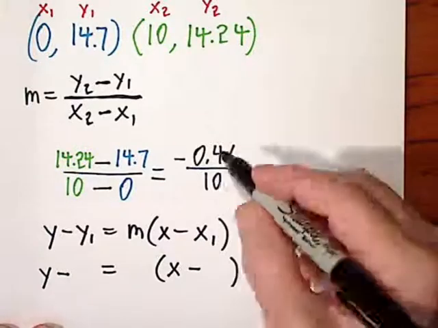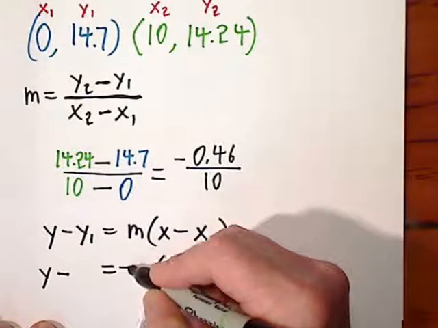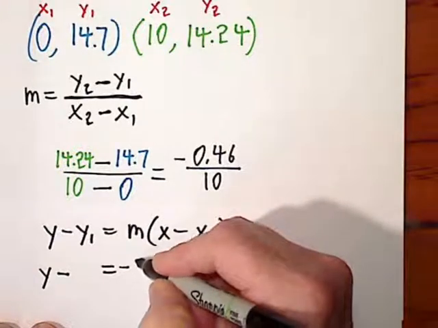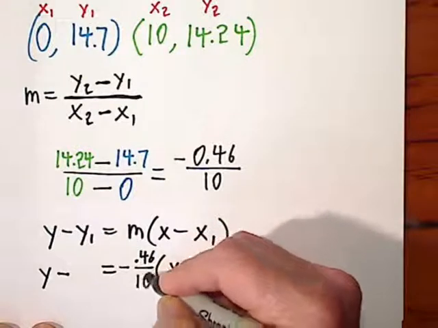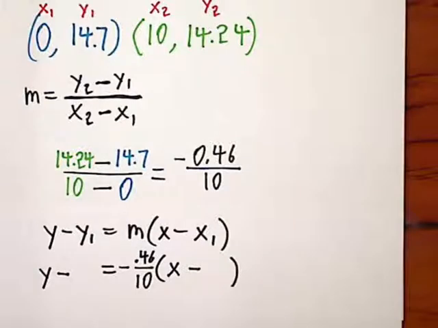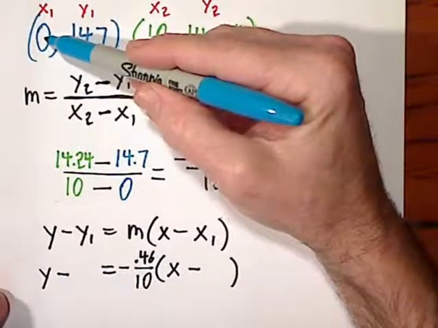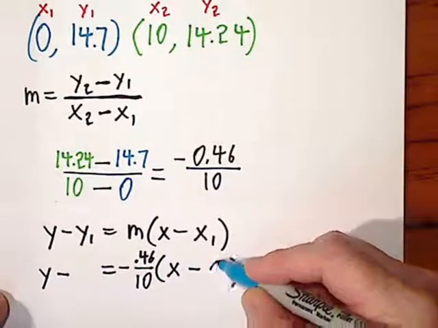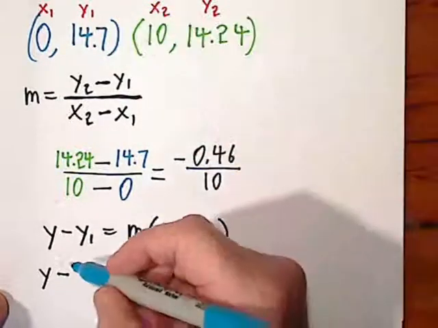I'll leave m in this form, though sometimes it's worthwhile to change that around. So we've got a negative 0.46 over 10. That's our slope. And for our x and y values, I'm going to pick this first point because my x1 is 0, and that's going to be real easy to work with. I just put in a 0 right there. y1 is 14.7.